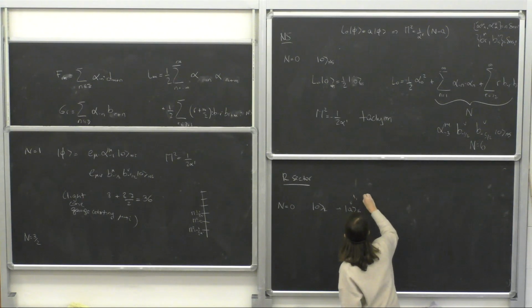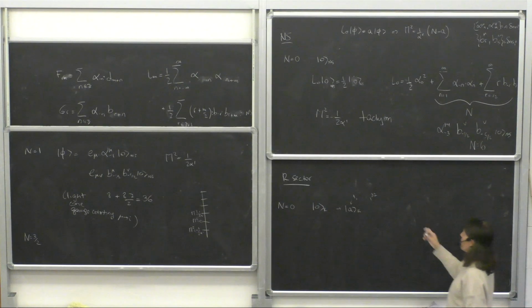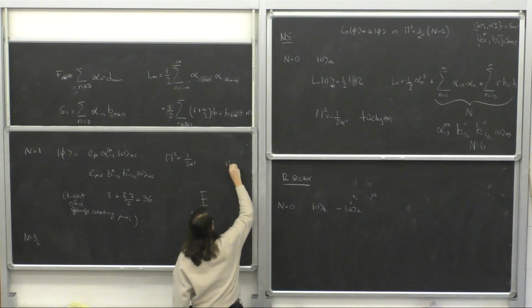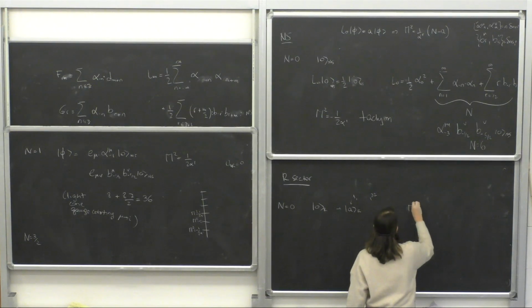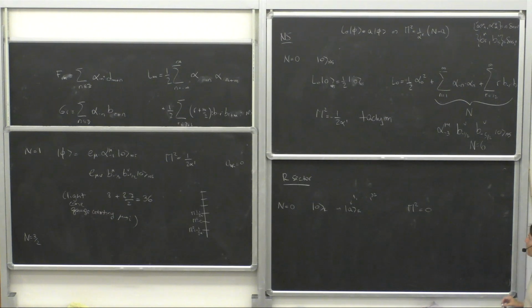But this goes from 1 to 32. A spinor in 10 dimensions has 32 components, and these are 32 real components. And if we go there, a_Ramond is equal to 0. So this state is massless. It's a massless spinor.